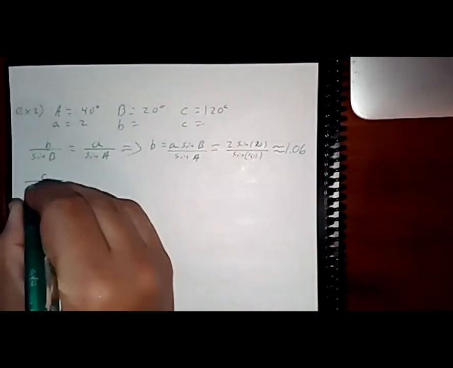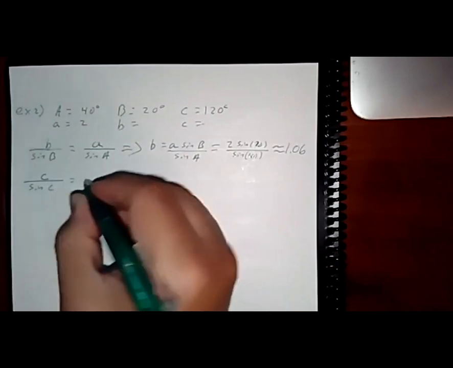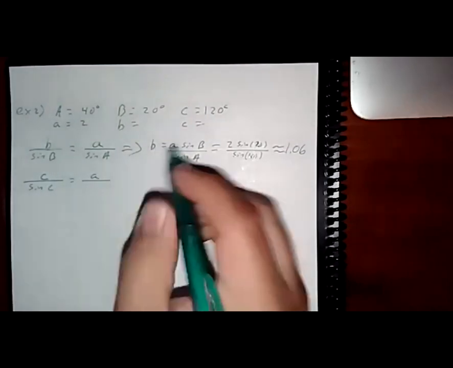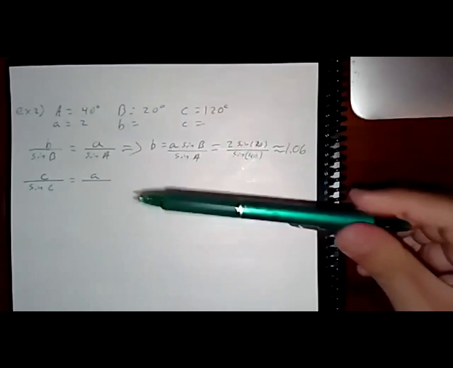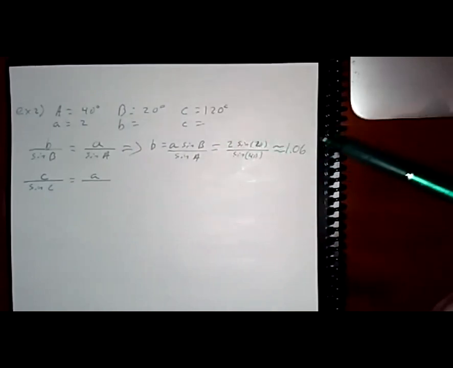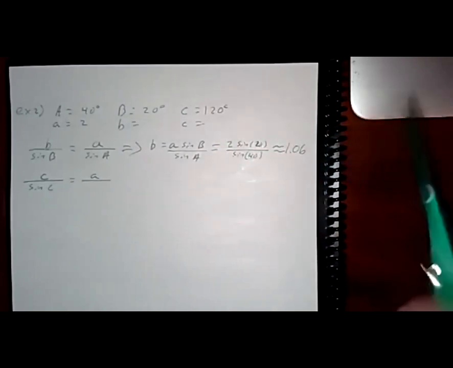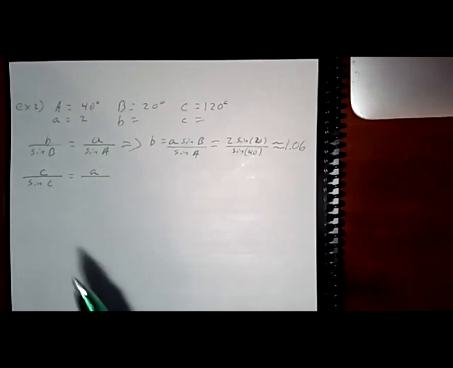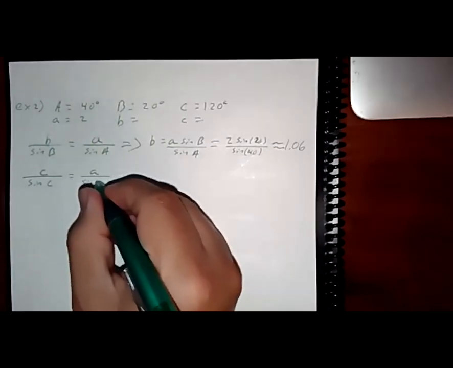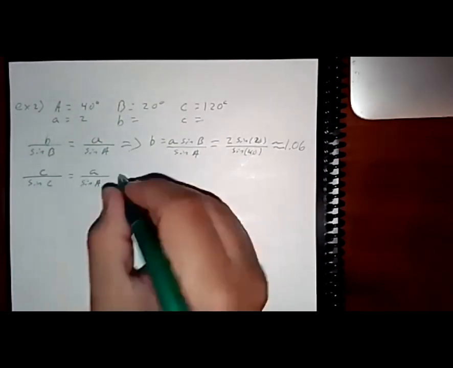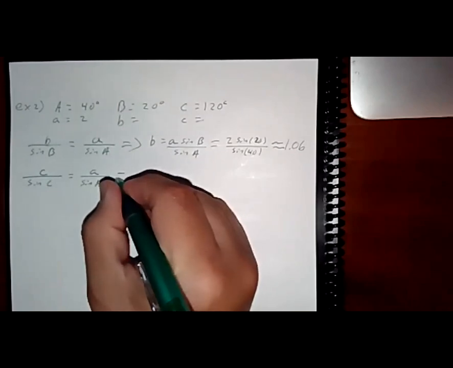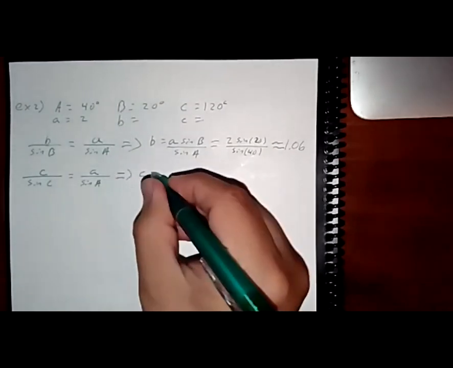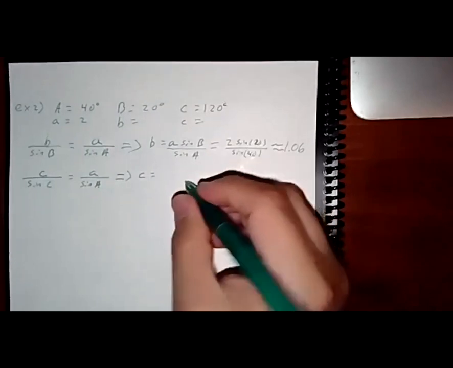I'll do the same for little c. So little c over sine C is equal to, I'm going to use the one that has both. At this point, you technically could use b over sine B, but this one's rounded and this one's exact. So I'd rather use the same one again because this is an exact side and angle, meaning I can't get it wrong, right?